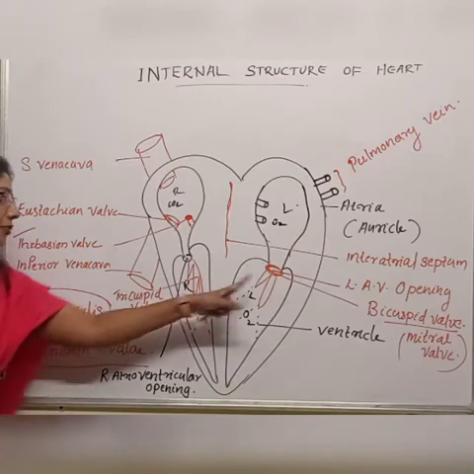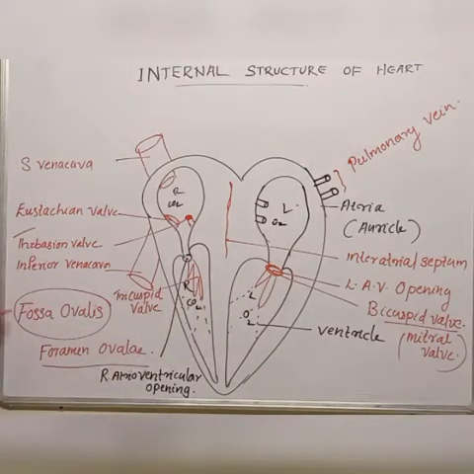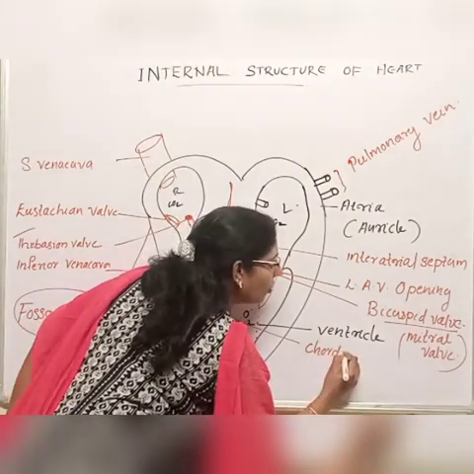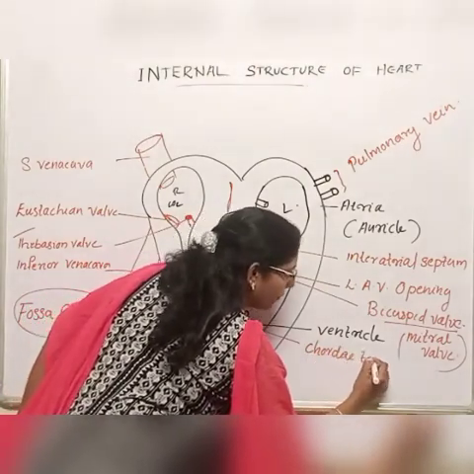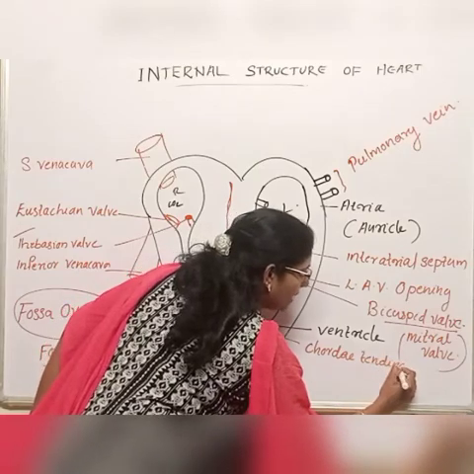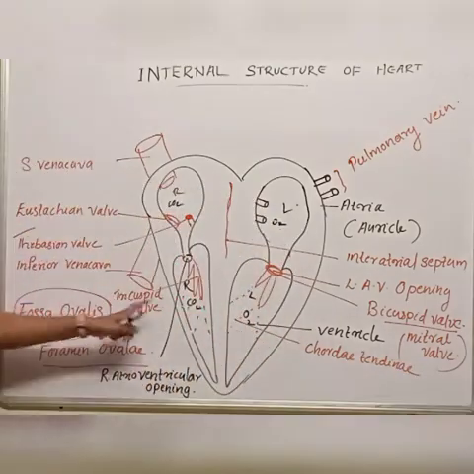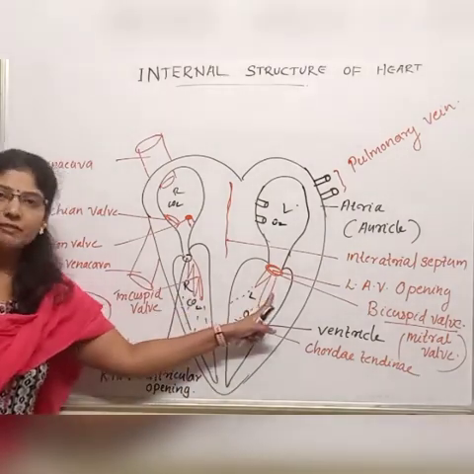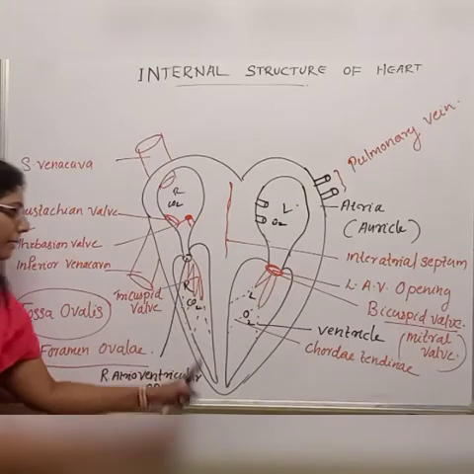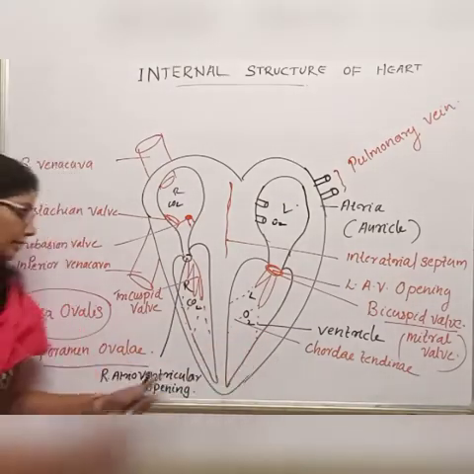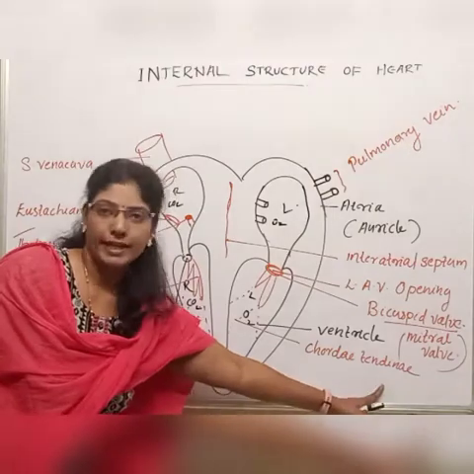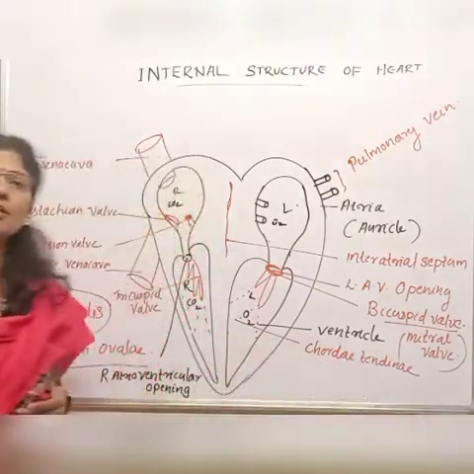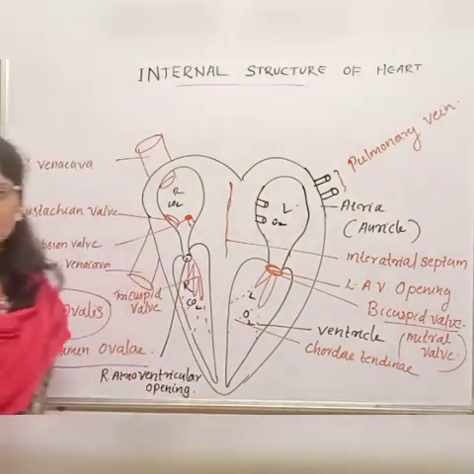That attachment is called chordae tendineae. With the help of the chordae tendineae, the opening and closing of the valve is regulated.